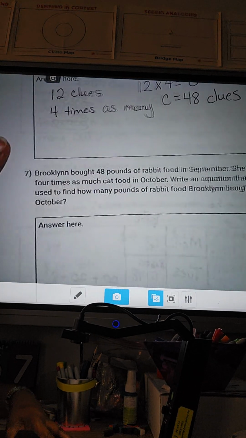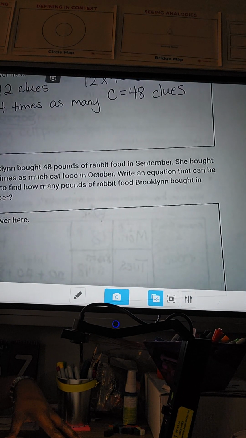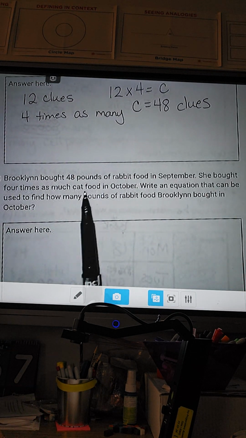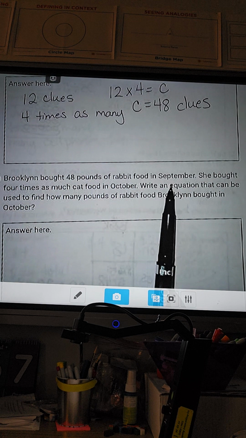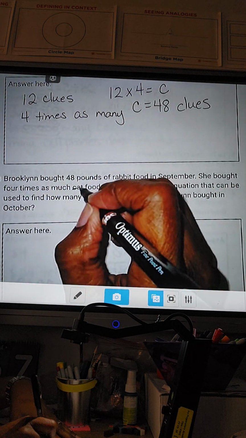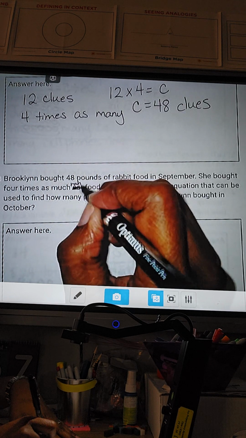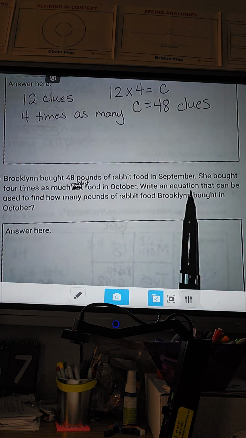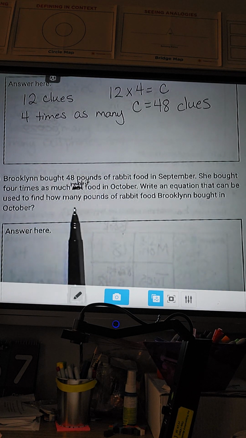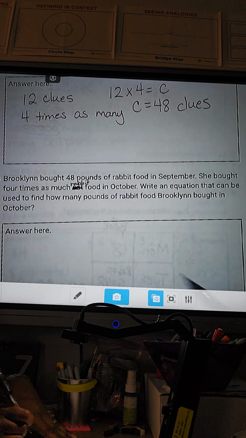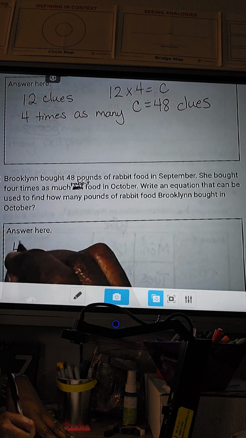Number 7. Brooklyn bought 48 pounds of rabbit food in September. She bought 4 times as much rabbit food in October. Write an equation that can be used to find how many pounds of rabbit food Brooklyn bought in October. All right, so I know that we're talking about rabbit food.